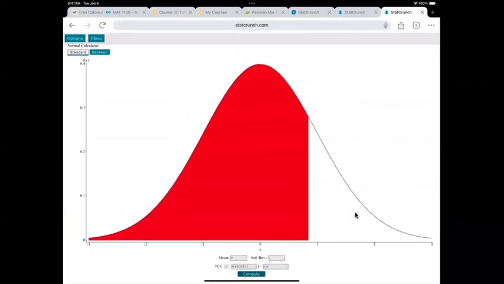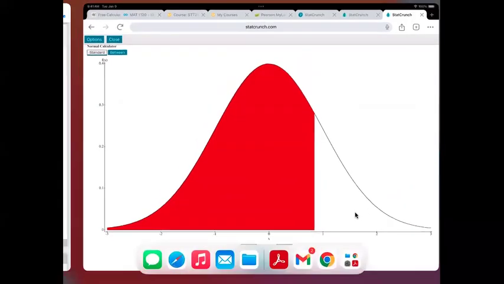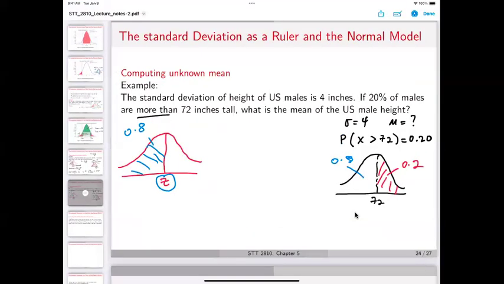What did we get? Okay, 0.8416. So our z value here is 0.8416, right? Now we have z. We just need to standardize this. So remember, z equals y minus y bar divided by this.